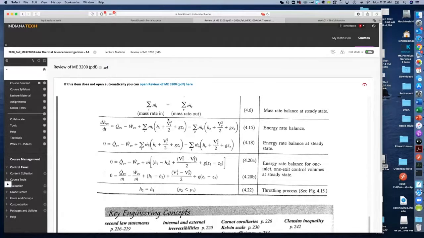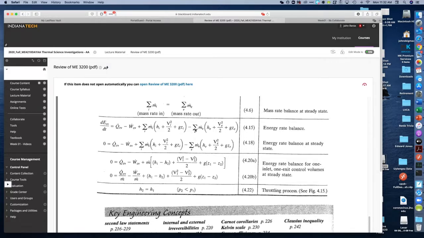And so a lot of times you'll see this equation with 2,000 as the denominator here, because in order to go from meters squared per second squared to kilojoules per kilogram, one has to divide by 1,000. Likewise for the potential term.